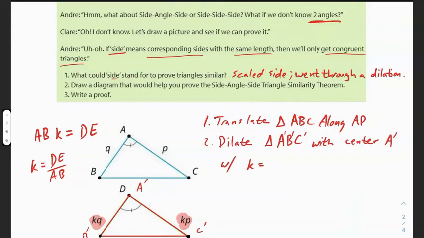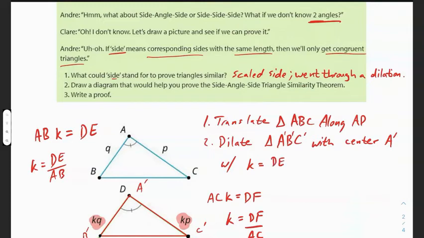So AC needs to multiply by the scale factor to get us DF. That means our scale factor would be DF over AC. Those two have to be the same, so K is going to have to be the same.